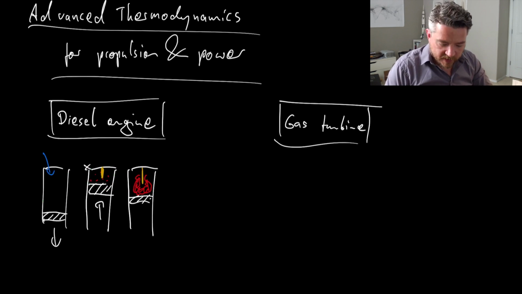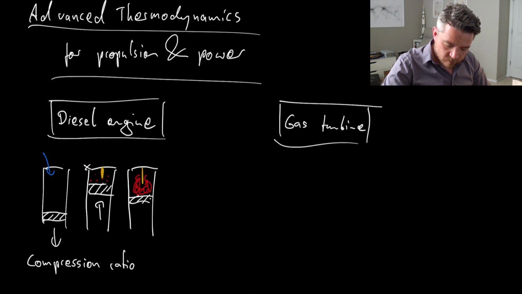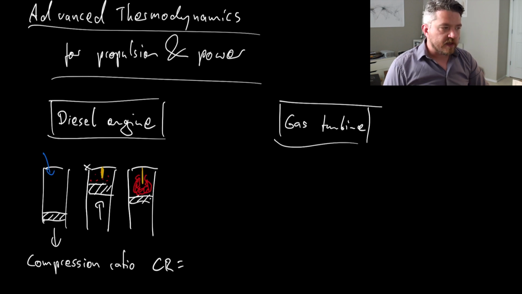So, piston engines. First thing to know here is that piston engines, such as diesel engines, are typically characterized in terms of a compression ratio. That is CR, and that is the ratio of the volumes.